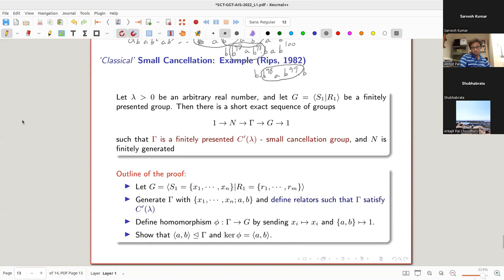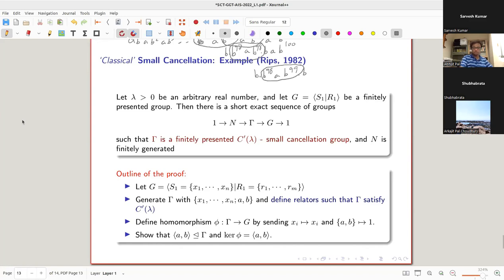And then take this map: the generating elements of G are mapped to themselves individually, and the extra generators that I have taken, both of them, I send to 1. So this gives me an onto homomorphism from gamma to G, right? And the kernel of that homomorphism is finitely generated.